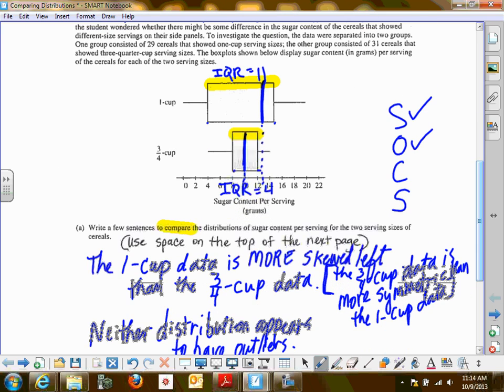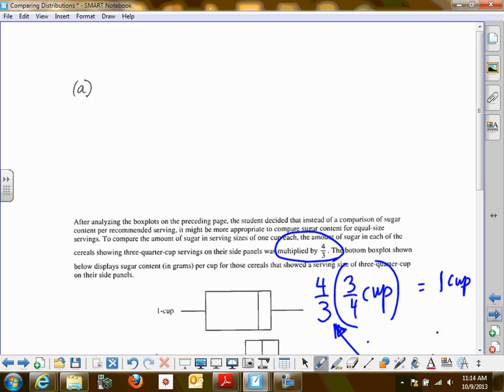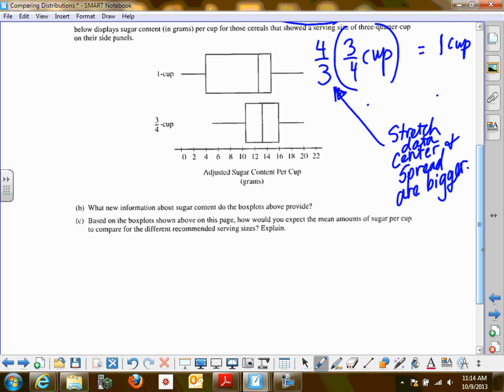In this set, the 1 cup is higher than the 3/4 cup. However, when you look at this, what is the deal? In actuality, the median of the 3/4 cup data is actually higher than the 1 cup median whenever you compare them appropriately.